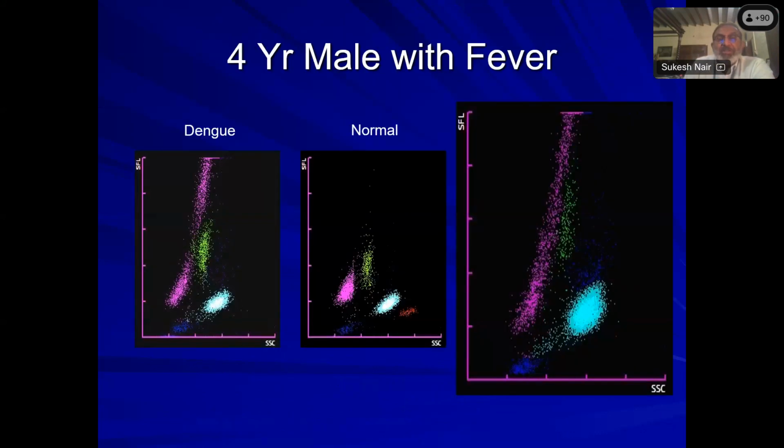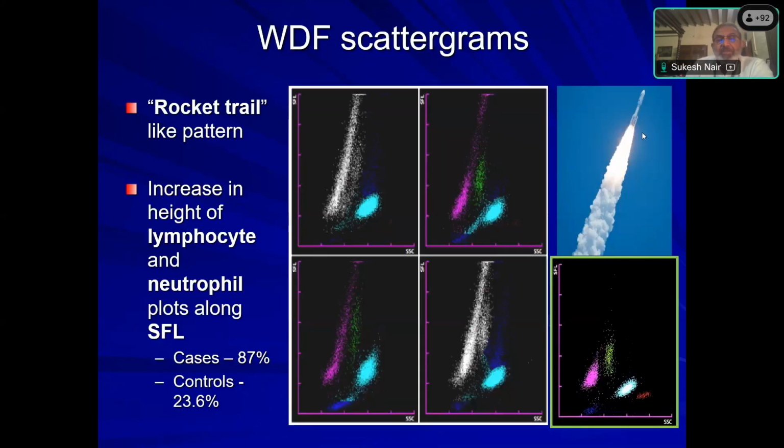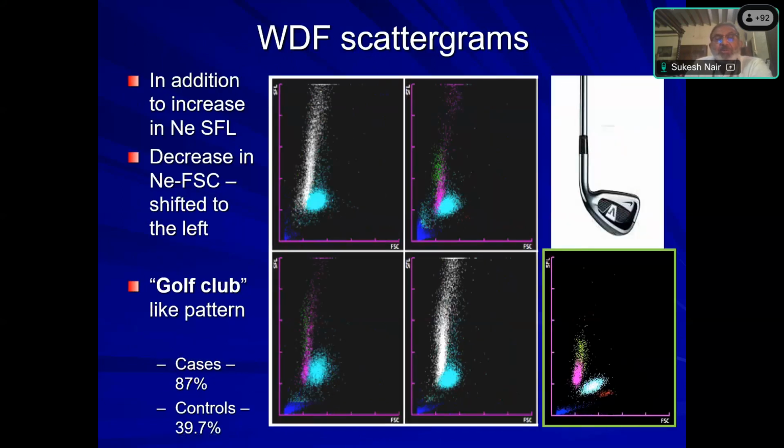Four-year-old male, you can see that this is the data. You can see that it's slightly different from dengue. It's a straight pattern we call a rocket trail appearance. And we also find that two other changes happen. The neutrophil also looks more toxic, more fluorescent, and they are also susceptible to lysis. So the forward scatter is low.